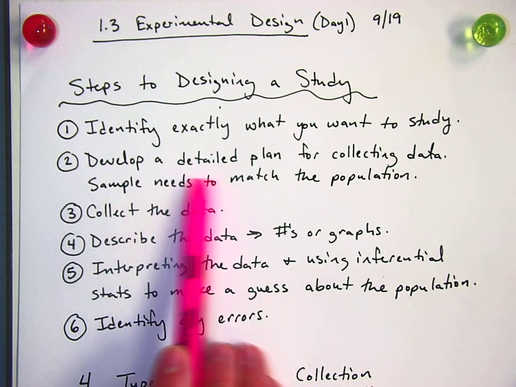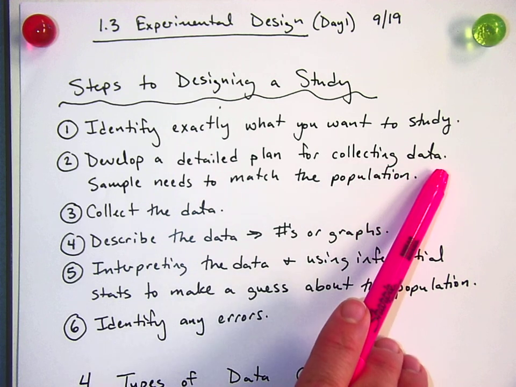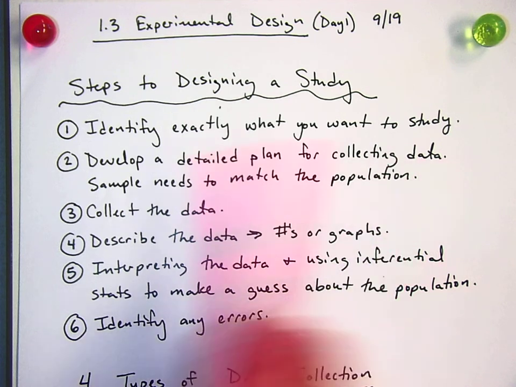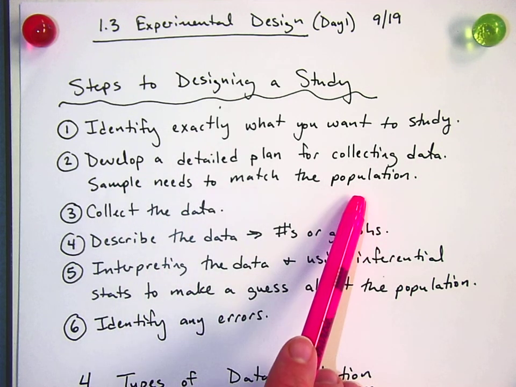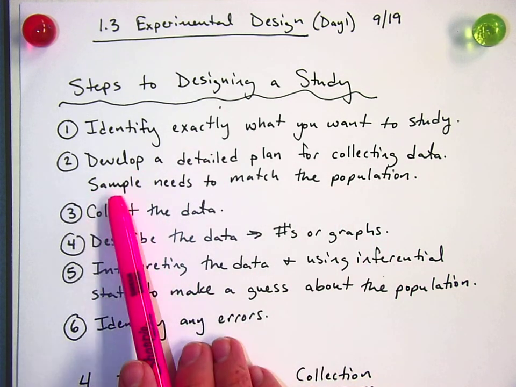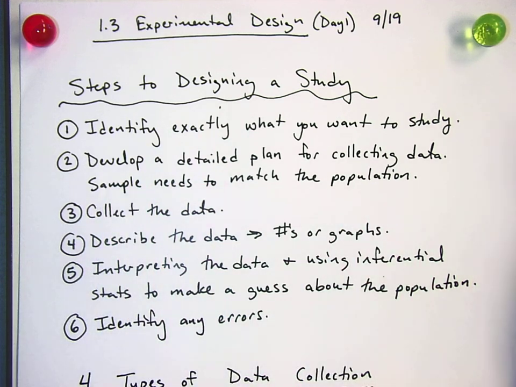Then you have to develop a detailed plan for collecting the data. This needs to be a plan that is easy to follow, that you can do the exact same way every time. And your sample has to match your population. So if you are trying to get data about who somebody's going to vote for president, and you go outside the Republican National Convention, and you only ask Republicans leaving the National Convention who they want to be president, they're probably going to choose a Republican.